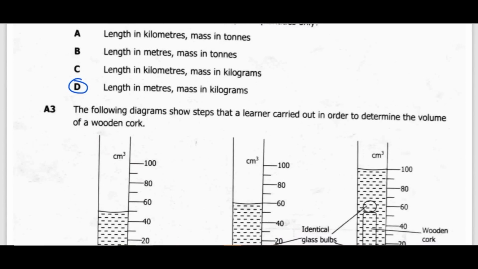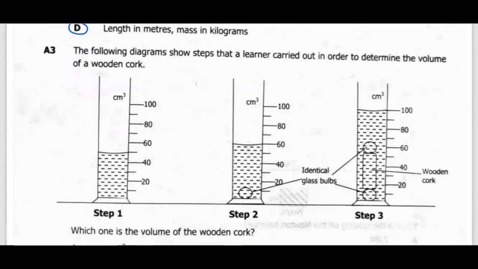The following diagrams show steps that a learner carried out in order to determine the volume of a wooden cork. So we have the diagrams here: step 1, step 2, and step 3. What was happening here is we have a glass bulb.